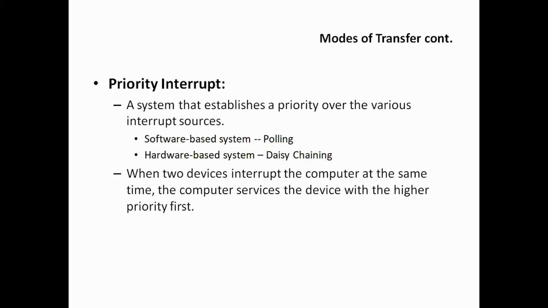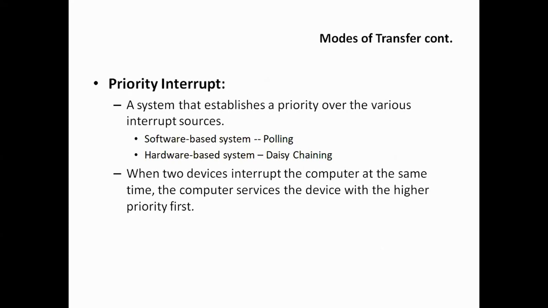Now, since the interrupt way is a better way than the programmed way, there is one issue: an interrupt may be generated by many input output devices at a time. If more than one input output device generates an interrupt at a time, what will happen?